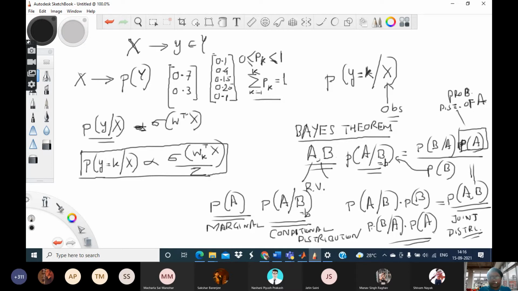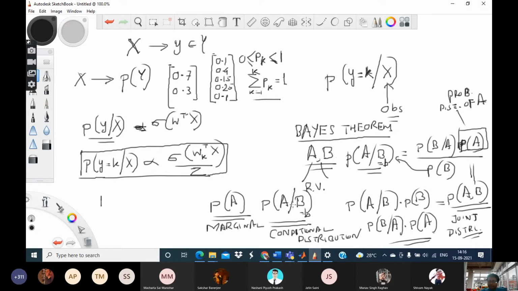Now, in general, you can see that this is a marginal distribution over random variable A, and this is also a distribution over random variable A, but this has a condition.